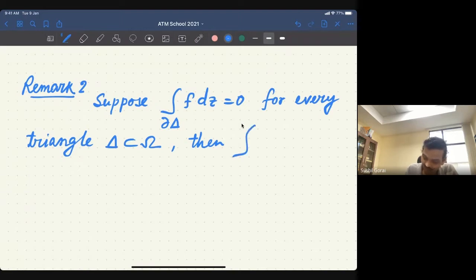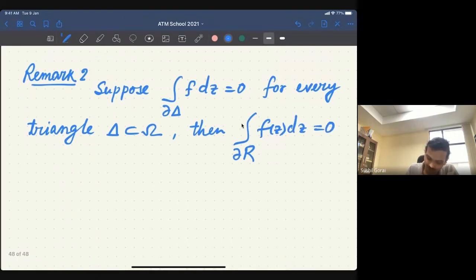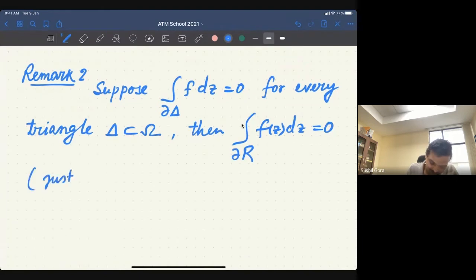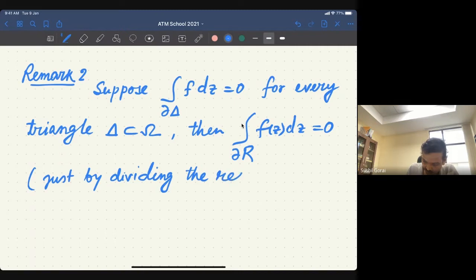We get the integral over ∂R of f(z) dz equal to 0. This is by just dividing the rectangle into two triangles, right?